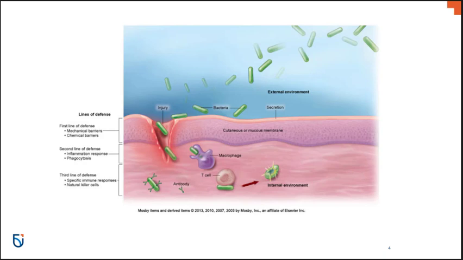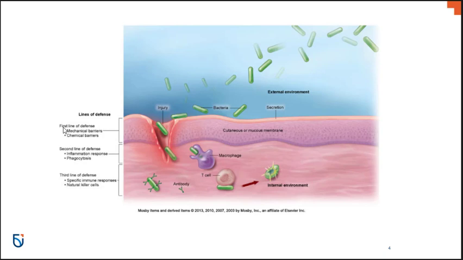The first line of defense is a set of barriers between the internal and external environment. So, for example, your skin. The second line of defense involves innate inflammatory responses, including the process of phagocytosis, which you'll learn a little bit more about later.